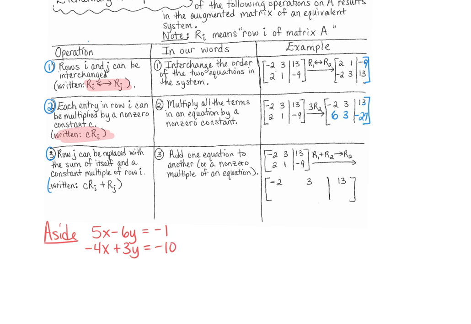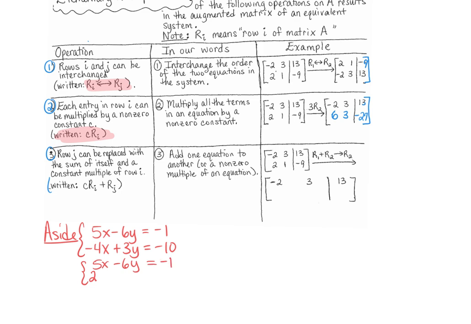One thing we wanted to do was cancel out the y's. So what we did to this system, we multiplied equation 2 by 2. We left equation 1 as it was.